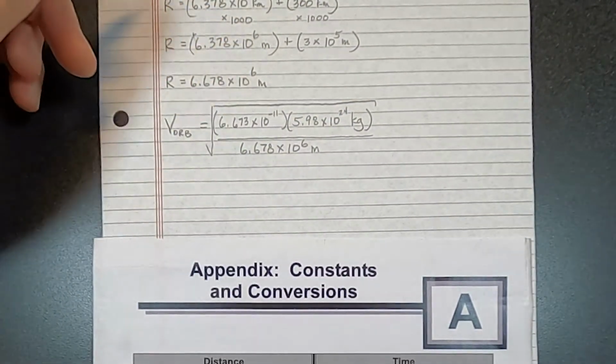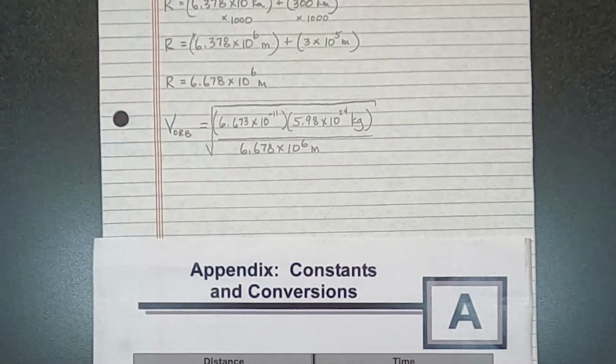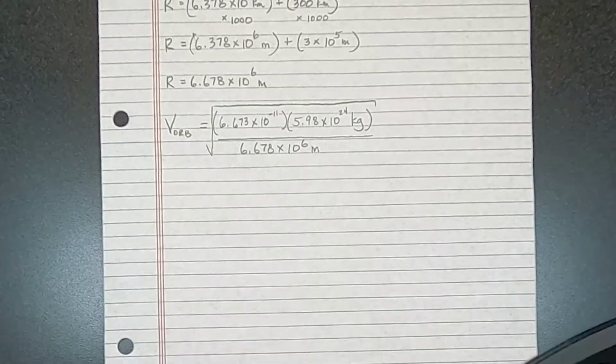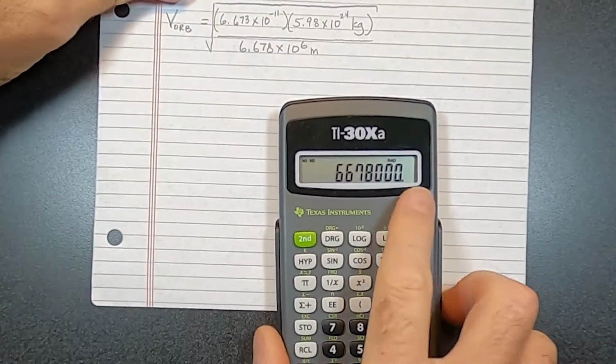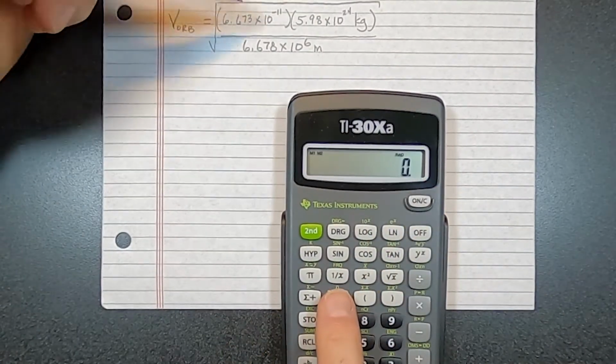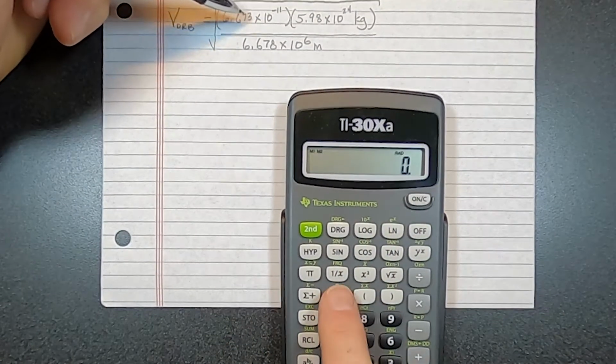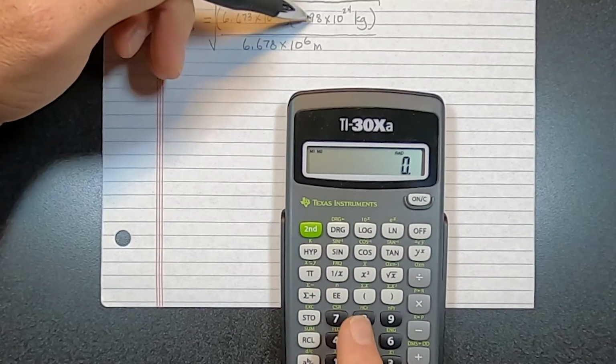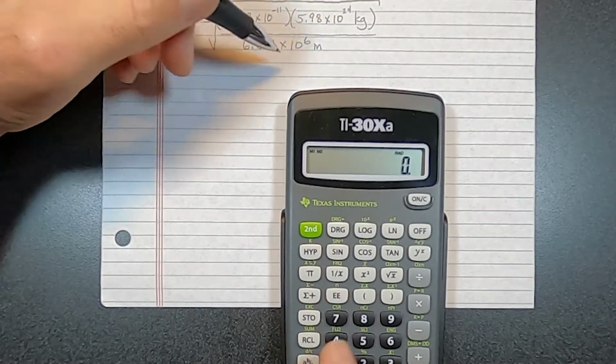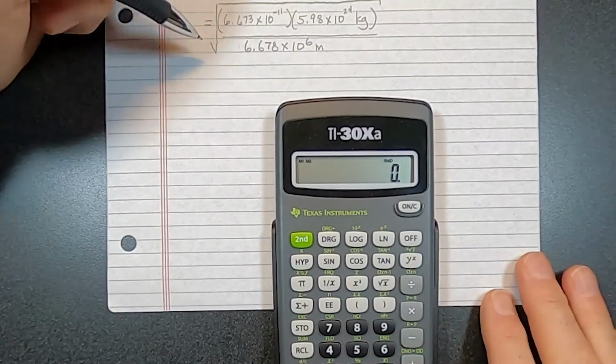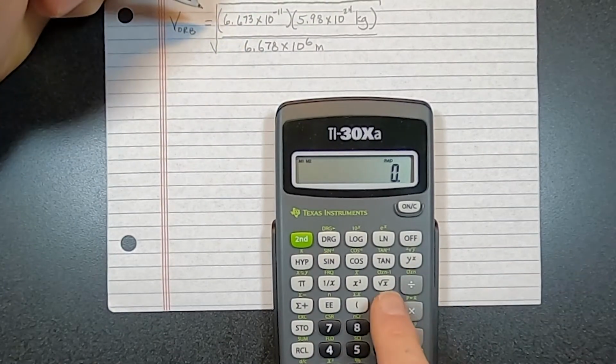Now, all you have to do at this point is to plug it into your calculator. Make sure that you don't forget to use your EE button, 6.673 EE negative 11, 5.98 EE 24, and so forth. And then don't forget to square root your answer. Most calculators have a square root button to do that.